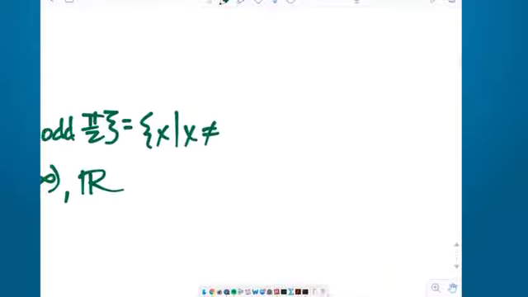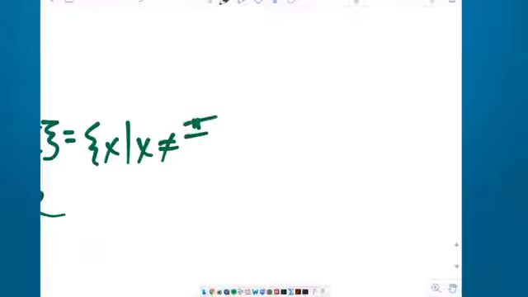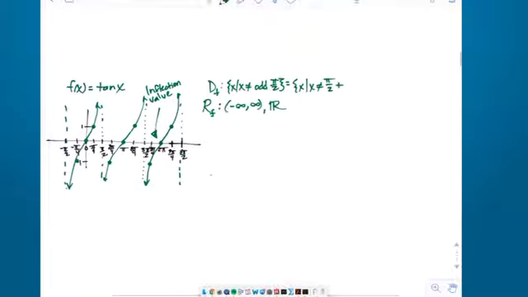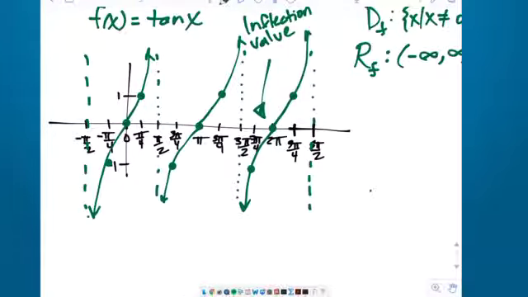So we'll say, okay, x cannot equal pi halves. And because this function is cyclical and periodic, even though it's not sinusoidal, the vertical asymptotes are going to happen at regular intervals. So you'll say it can't equal pi halves plus multiples of how far apart they are from each other. So how far apart are your vertical asymptotes? How far is it from pi halves to 3 pi halves?